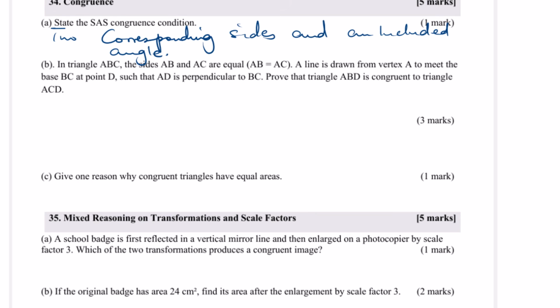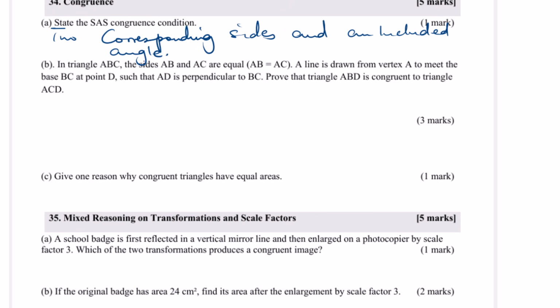So that is the condition. So when you have two triangles and you have two sides that are corresponding, that are equal, and an included angle, then it means that the two are congruent. So these two corresponding sides must be equal.